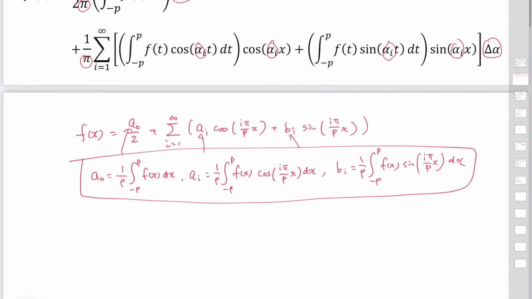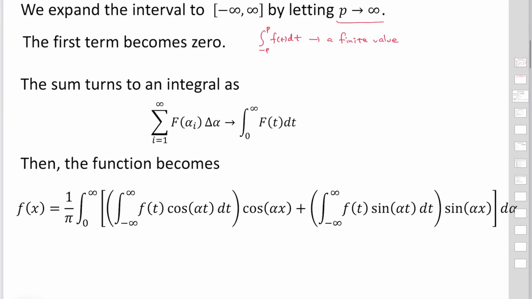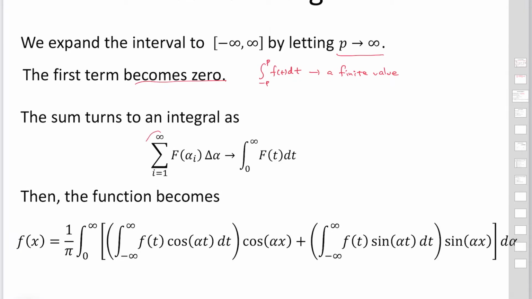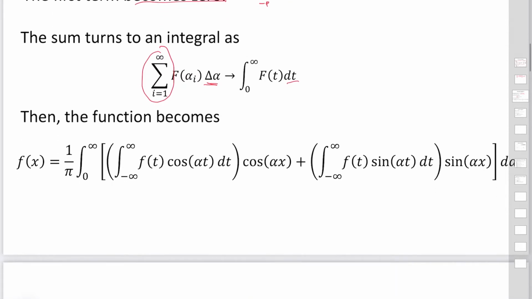So the first term approaches 0, and we don't have to consider it. Then as p approaches infinity, the sum times delta alpha is expressed with the integral from 0 to infinity with respect to d alpha. So the function is expressed as two integrals.